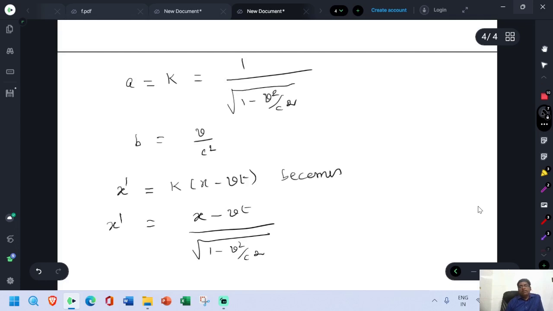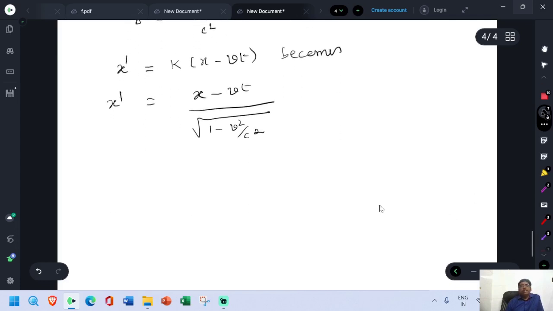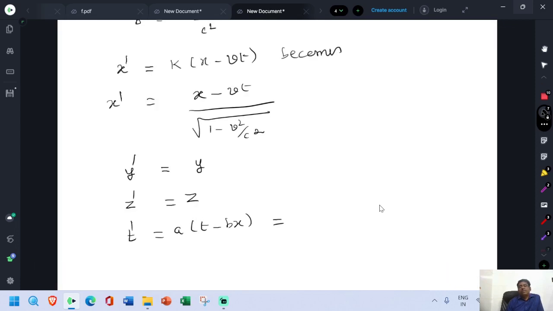This is the Lorentz transformation equation. There is no relative motion along y and z direction. Therefore, y dash is equal to y, z dash is equal to z, t dash equal to a into t minus bx.